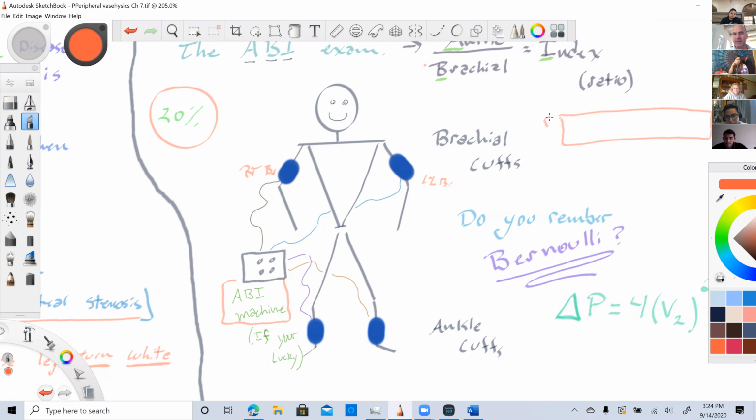This width here should be 20% greater than limb diameter.